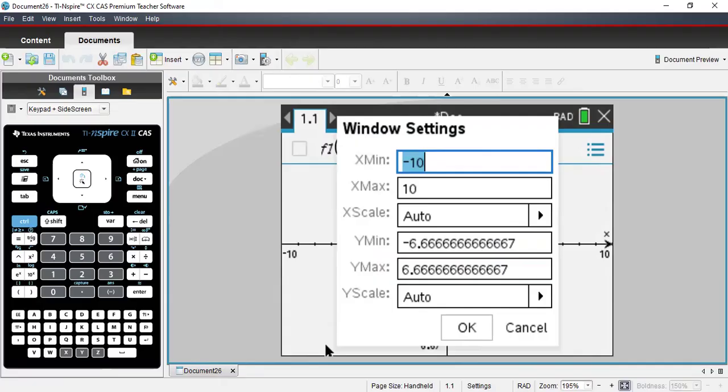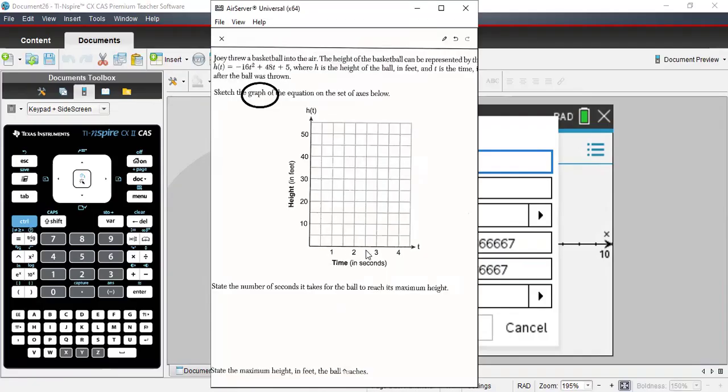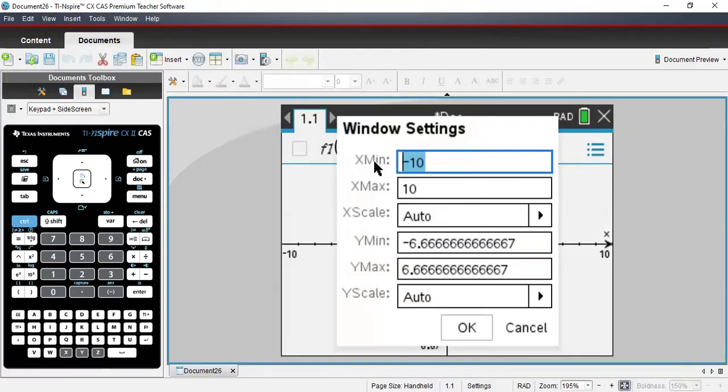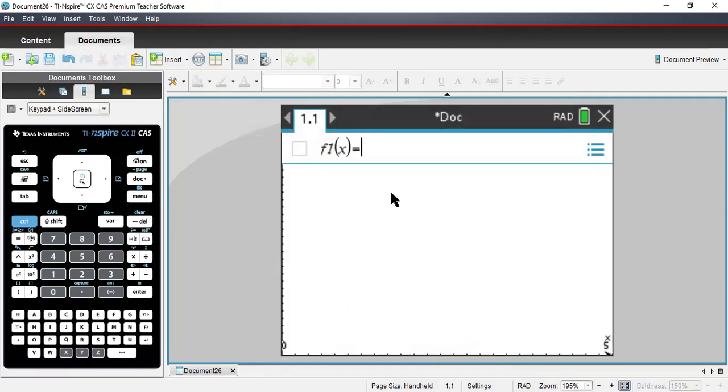So now if we look at the graph paper, we go from 0 to 5, about actually 4.5, but I'm going to put 5, and then it goes from 0 to like 60. So that's what I'm going to put in here. I'm going to go 0 to 5, and then I'm going to come down here and go 0 to like 60. And then I press enter. So now the calculator is ready.